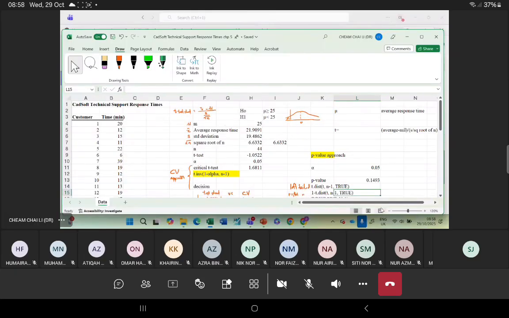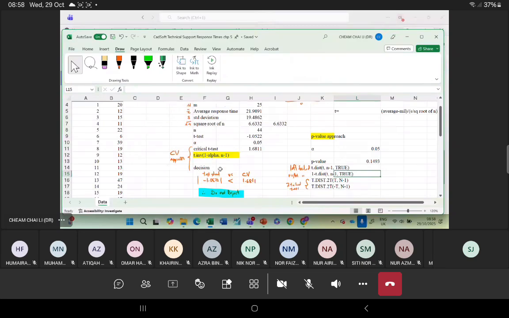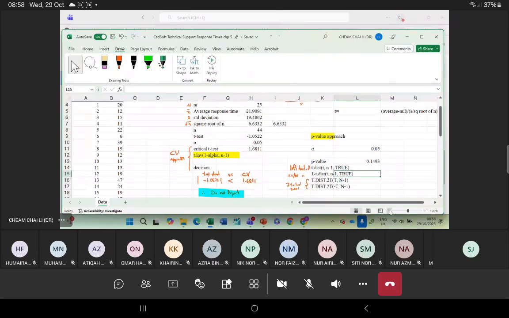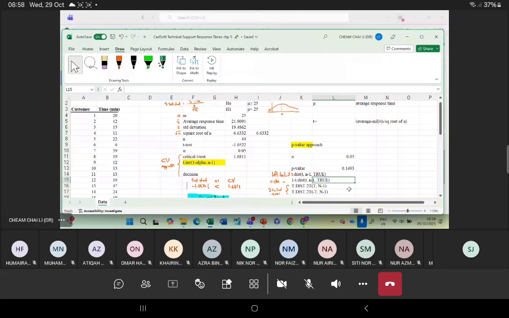Okay, now kita lihat yang ini. Yeah. So you see, sekarang ni kita punya p-value do not reject, critical value do not reject. So kalau kita nak lihat yang, I need to make it smaller so that we can look at everything at one shot. Okay, let's say this is our distribution, right? And this is your test statistic. This is your critical value, 1.6811.